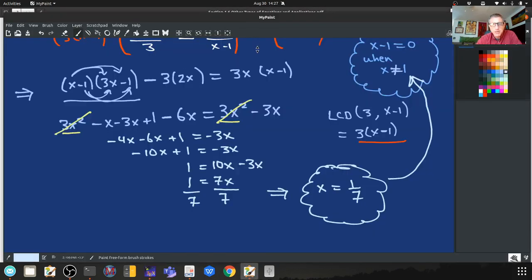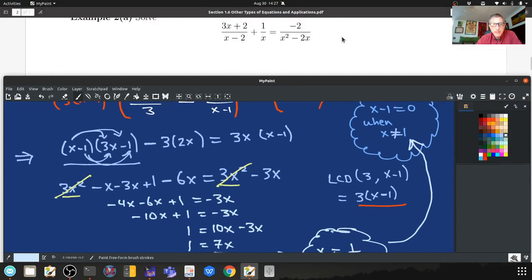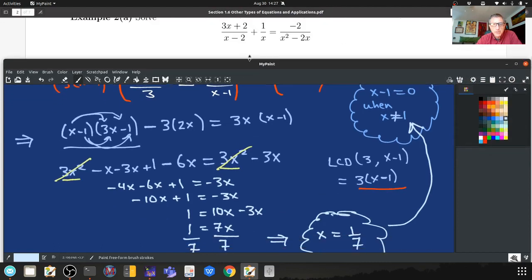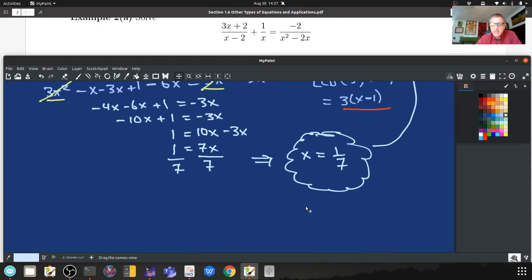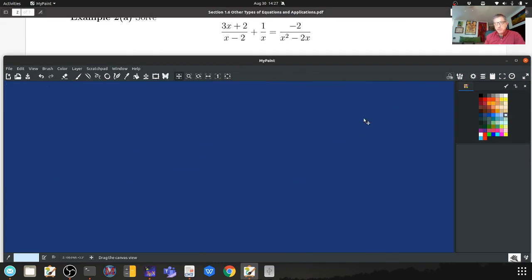So the first thing that we're going to do is find the LCD. So I'm going to write my problem over here, and then I'm going to go ahead and find my LCD. So I have 3 over x plus 2 divided by x minus 2 plus 1 over x is equal to minus 2 over x squared minus 2x.